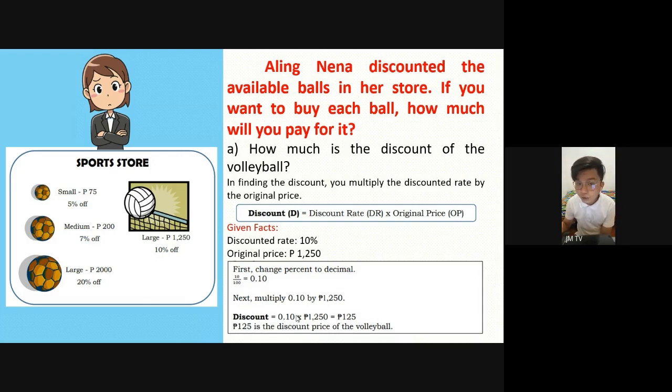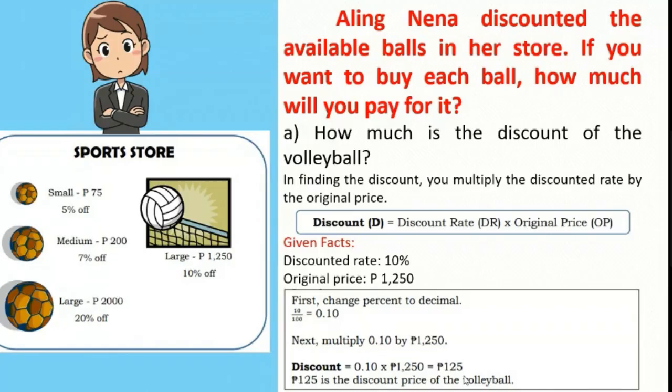Multiply lang natin siya sa original price. So, discount is equals to 0.10 times 1,250. Pag minultiply nyo yan, ang makukuha nating sagot ay 125 pesos. So, 125 is the discount of the volleyball.